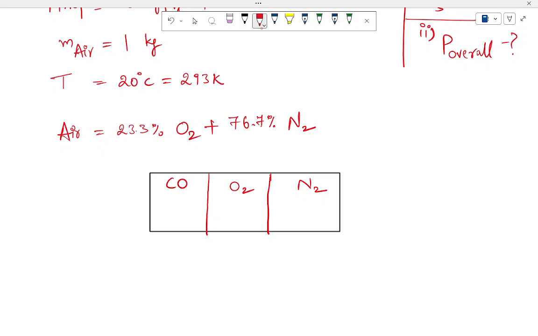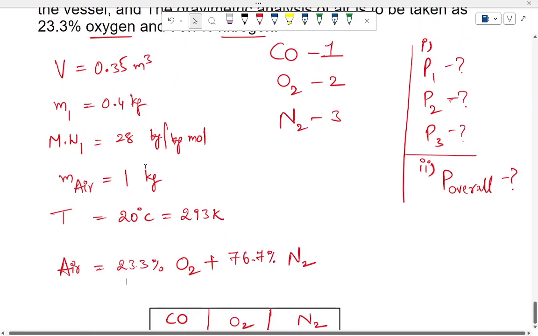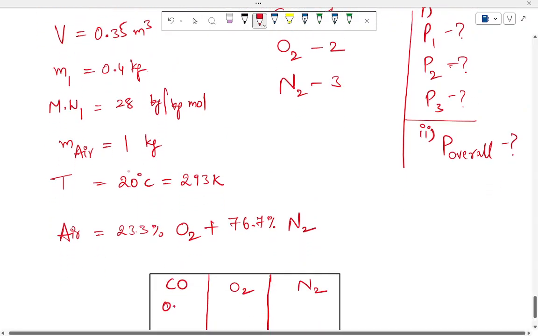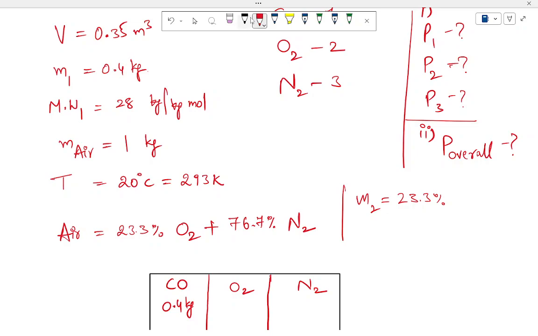And for CO the mass value given here is 0.4 kg, and the oxygen value I should get here. So in order to get that oxygen value, that is M2, will be 23.3%. This percentage is nothing but by 100, right?